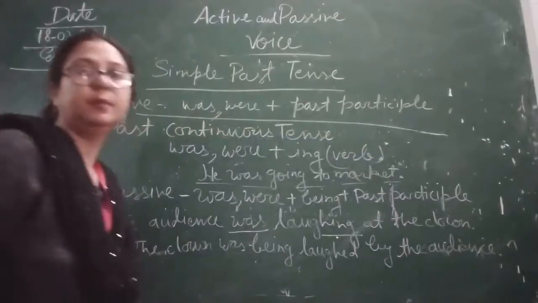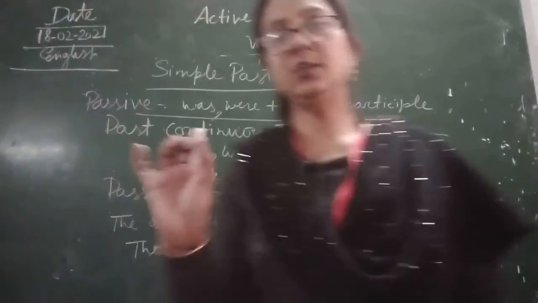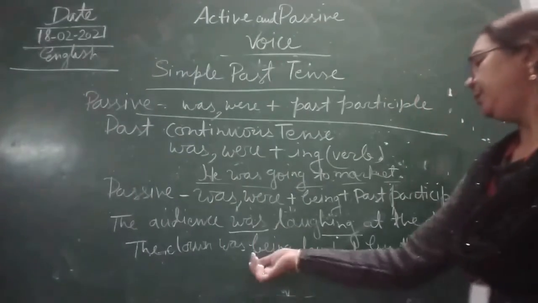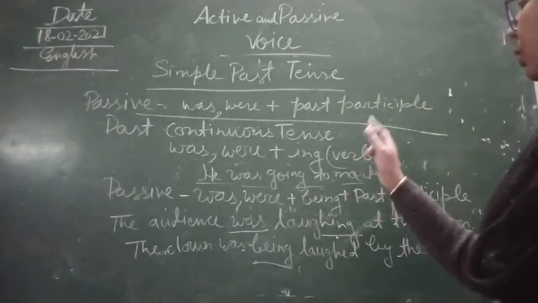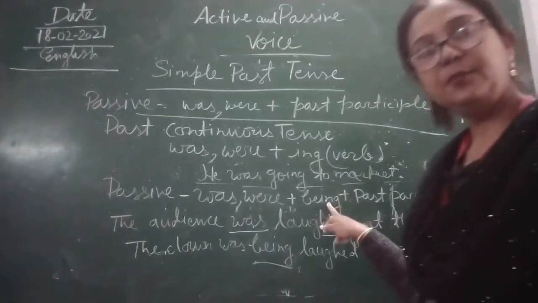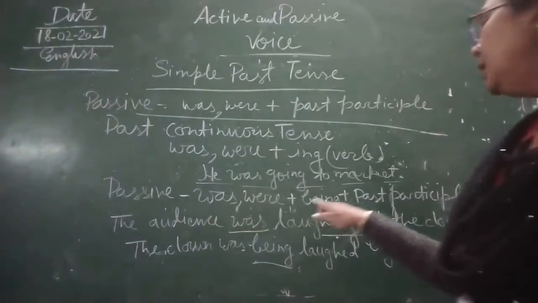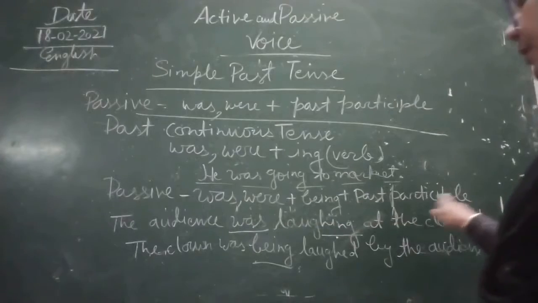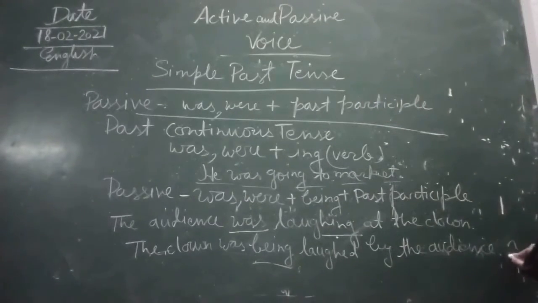Simple. Here you can see children, what we have changed? We have changed only and only being, we have written it over here because of this rule. While changing to passive voice in past continuous tense, what will we use? Was, were plus being plus past participle. Now here, the clown was being laughed at by the audience.